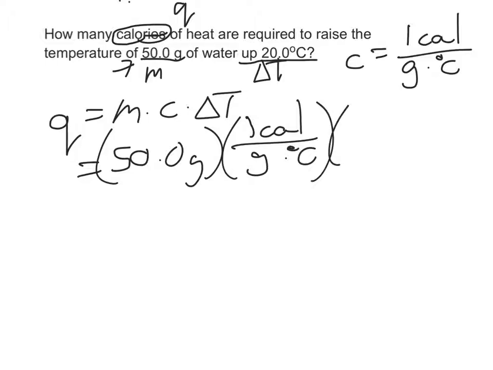And then we're going to multiply that by the change in temperature, which is 20 degrees Celsius. So you run that through a calculator, and it's just 50 times 1, which you don't have to put in there, times 20, and you're going to get 1,000.